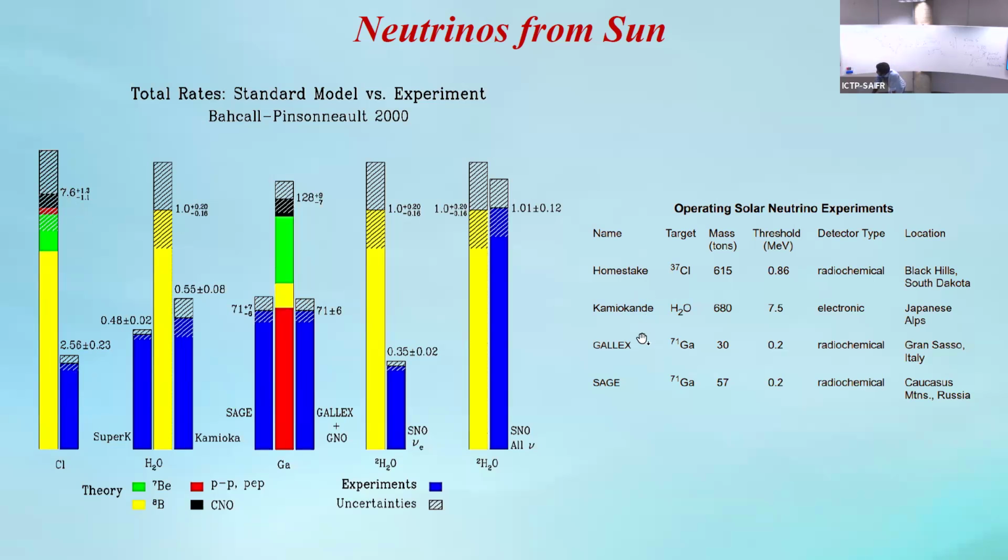Homestake, Kamiokande, Gallex, SAGE, all found this deficit of solar neutrinos. But later I will explain it. In the SNO experiment, whenever they looked at all neutrinos, that matches the solar neutrino flux expectation. But in other cases, if you consider only nu e, there was a significant deficit.